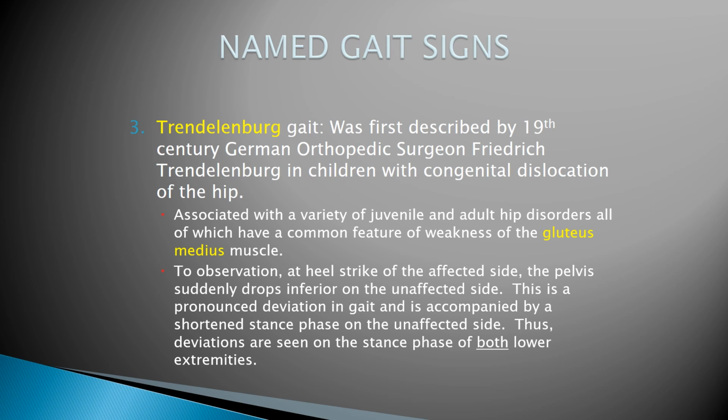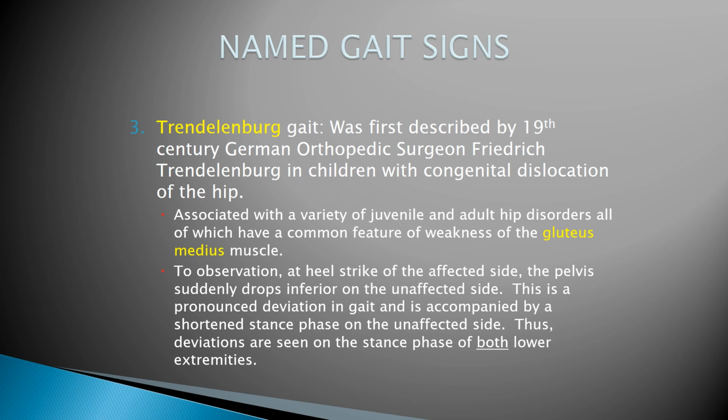So as the weight-bearing leg goes through the stance phase of gait, the pelvis on the non-weight-bearing side drops downward due to lack of stabilization of the gluteus medius muscle on the side of the leg in stance phase. And this is a pronounced deviation in gait, and you will notice it. And I have a video for you coming up to demonstrate the Trendelenburg Gait.